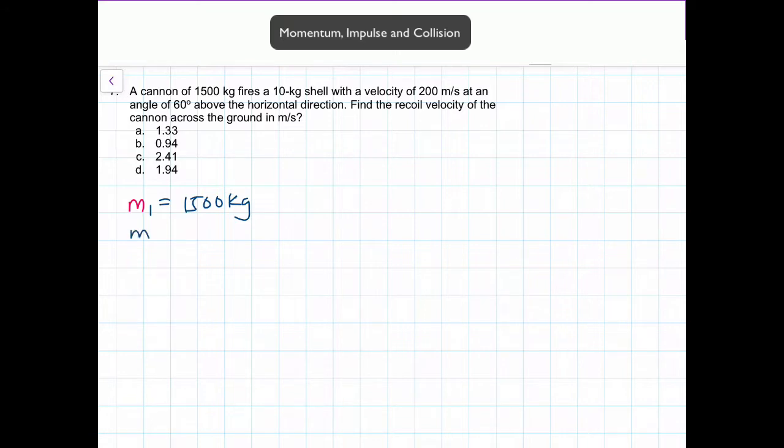Then the shell, which is mass 2, is 10 kilograms. The cannon of 1500 kilograms fires with a velocity, so that means V2 final equals 200 meters per second, at an angle of 60 degrees above the horizontal direction. Now the question is to find V1 final in the horizontal.